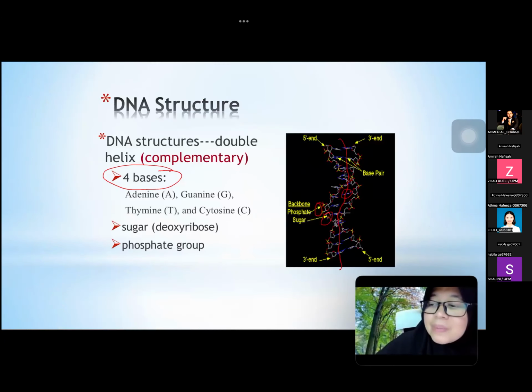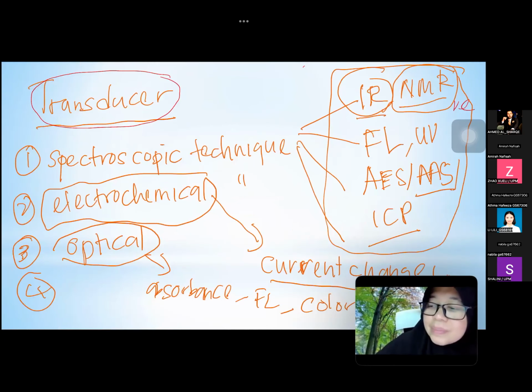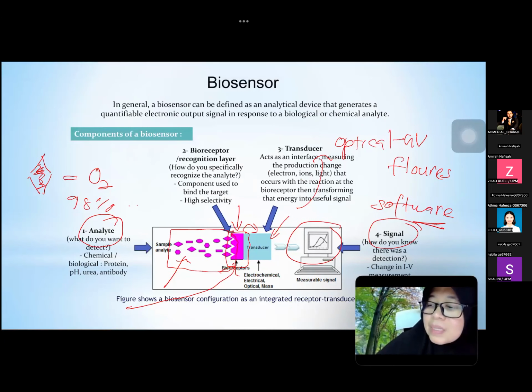So when we are referring to a DNA biosensor, we are using DNA as the receptor. And for tuberculosis, we are using DNA that is specific to Mycobacterium tuberculosis, because we want to check whether there is Mycobacterium tuberculosis in my sputum, for example.